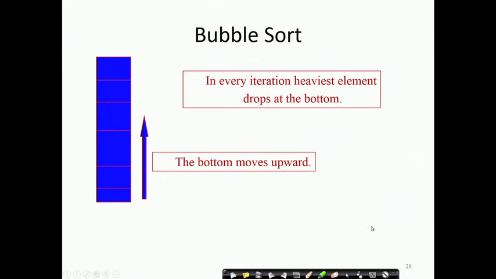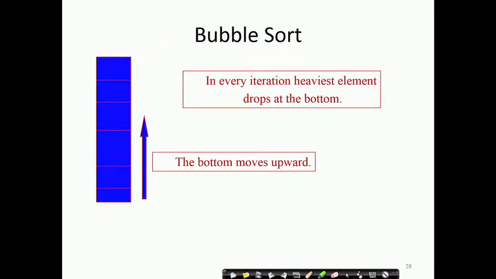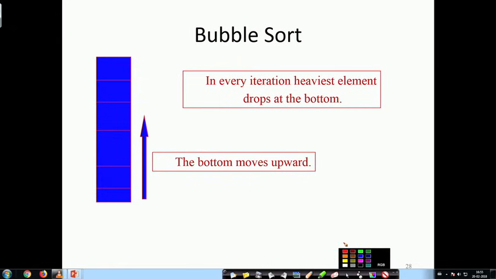We had shown a couple of examples to show that the heavier elements go down and the lighter elements go up. We had given a number of examples to that effect.